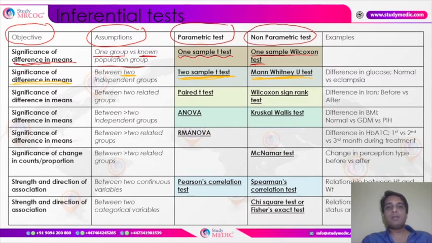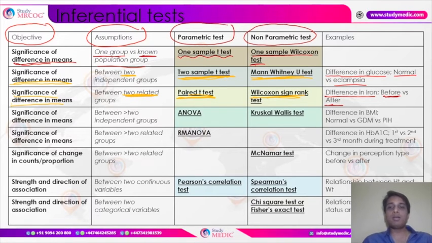For example, the two sample test is used when we want to find out the difference in glucose between normal versus preeclampsia. Now, we want to find out the significance of difference in means between two related groups. Then the parametric test is the paired t-test, whereas the non-parametric equivalent is the Wilcoxon signed rank test. For example, the difference in iron between before and after treatment.